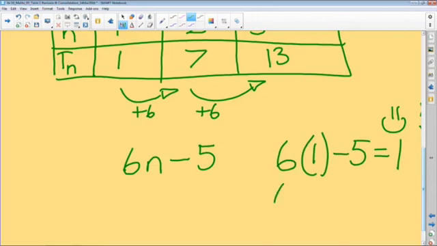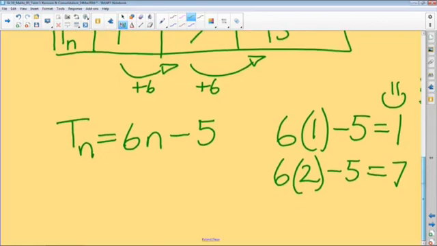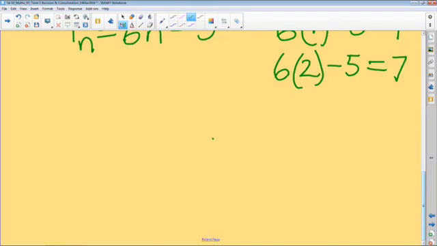Let's try it with 2. 6 times 2 is going to be 12, minus 5 is going to be 7. This number pattern will work very nicely. Now you might have got to this number pattern using other methods. Like for example, you could have said that the first term is equal to 1 and the difference is equal to 6.